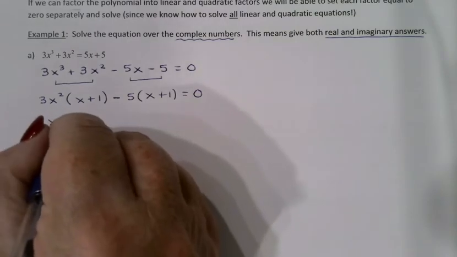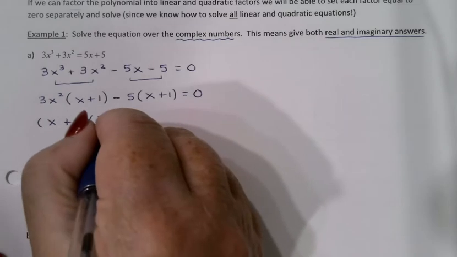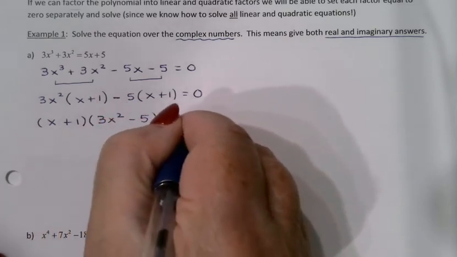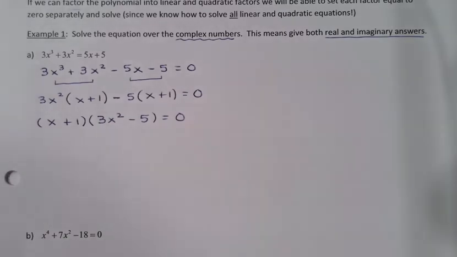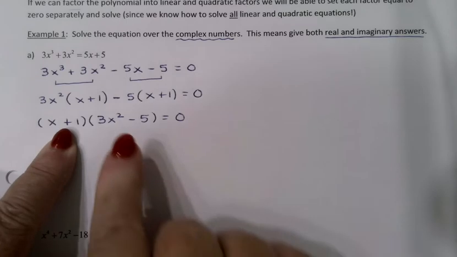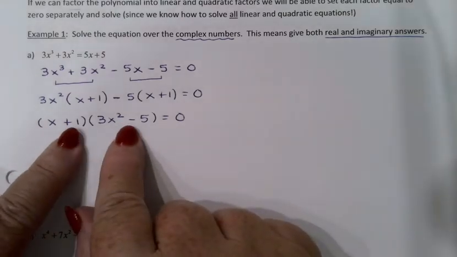And that means I can factor this into x plus 1 times 3x squared minus 5. All right, notice what we just did. I have a linear factor and I have a quadratic factor. And I know how to solve those kinds of equations, so I know I'm going to be okay.